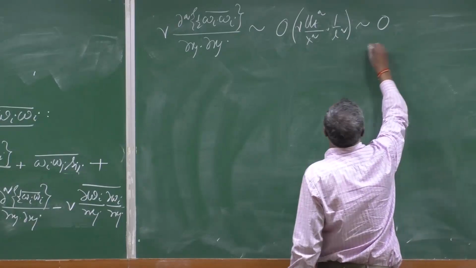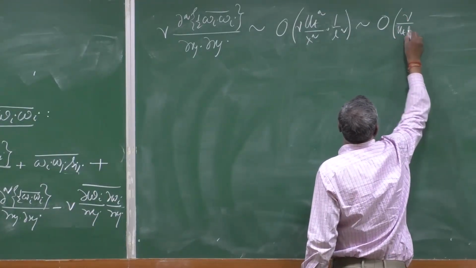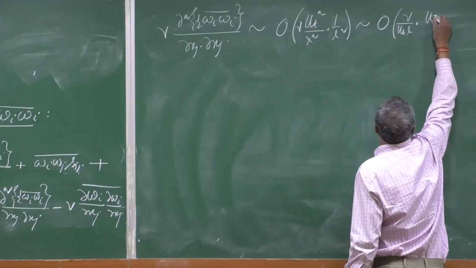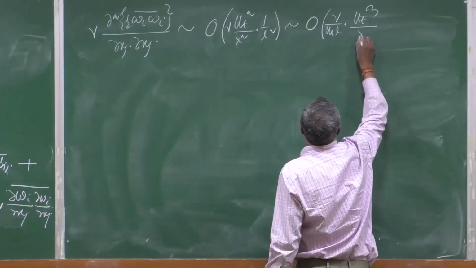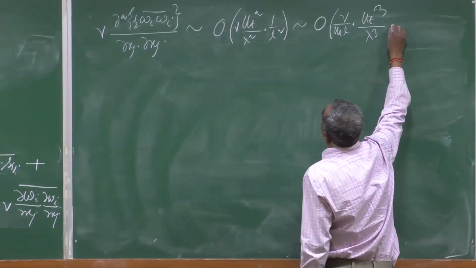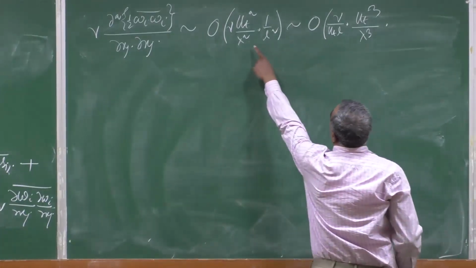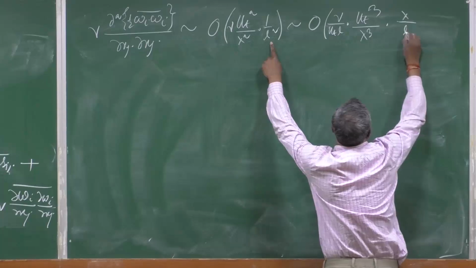Okay. So, order of nu ut L, and this is going to give you ut cube by lambda cube, let us say. One lambda has gone above, one L has come up here.